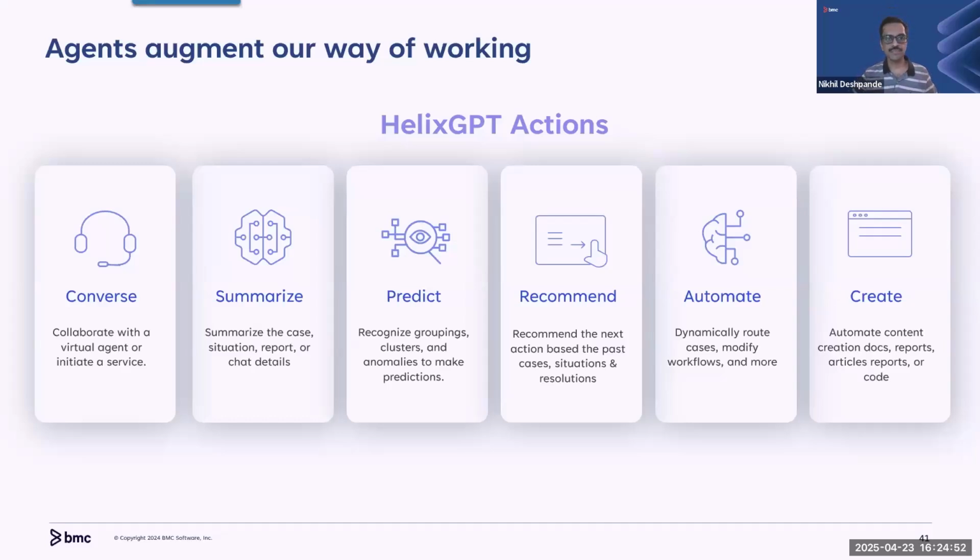You'll see this not just in dashboards, but across ITSM and other applications as well. Recommend the best actions. What should you do next when a certain situation occurs? Automation is going to take place at a very high scale. And creation also, the task of creating documents, knowledge articles, reports will also be automated by Helix GPT.